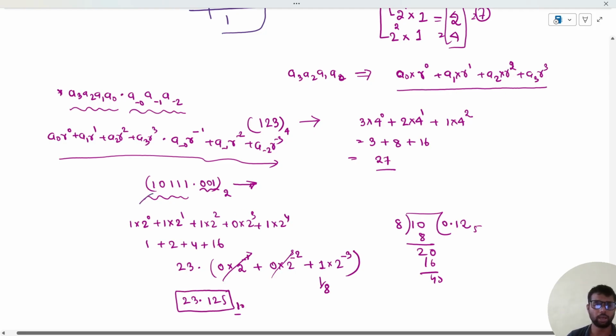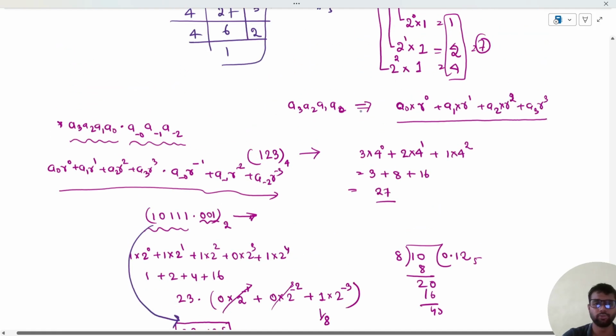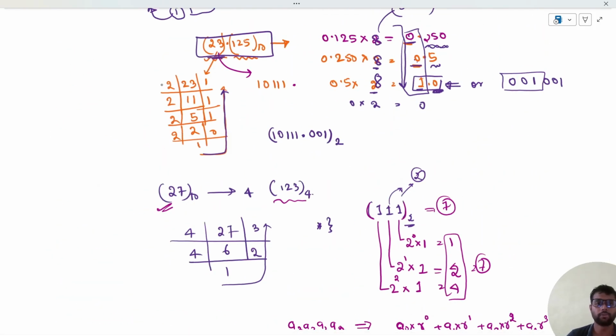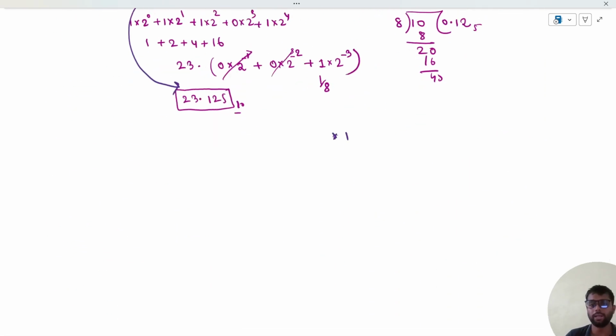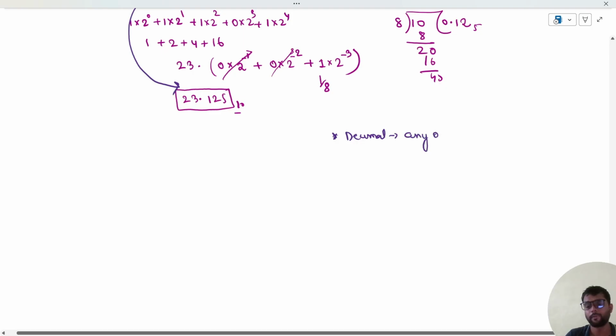And we have seen this in the above example as well. We have converted 23.125 to this. So you have to remember these two things. First, we convert decimal to binary, or decimal to any other number system.